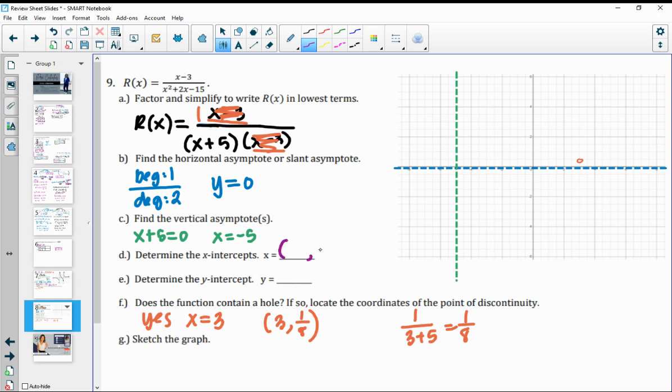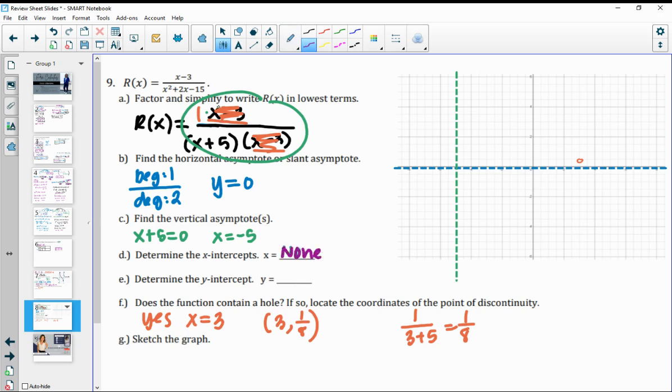Determine the x-intercepts. So again, this is what will make the top 0 so that the whole function is 0, because an x-intercept has a y value of 0. So then we'll set the top equal to 0. Well, actually we can't do that because that's the hole. Okay, I forgot. We should be looking at this one. Okay, and now there's no other factor up there. So the unique factor up top is just a 1, and that will never equal 0. So there is not going to be an x-intercept here. So no x-intercept.